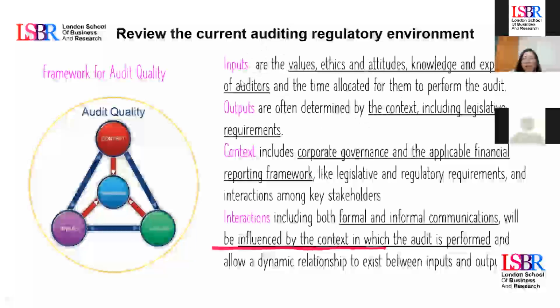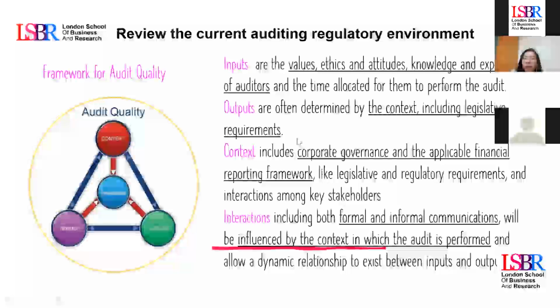So it means that inputs are all these professional characteristics that the external auditor needs to have in order to have audit quality. So we need an external auditor that has all these characteristics to have audit quality. Outputs, that is the context, including legislative requirements.